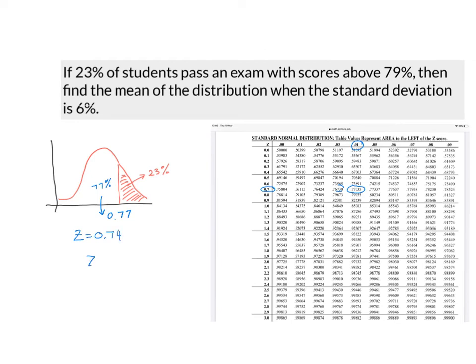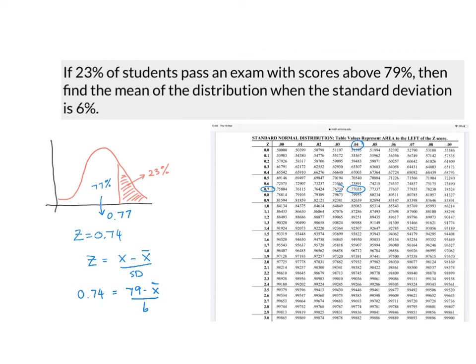We know our formula is z equals x minus the mean all over the standard deviation. And we're trying to find the mean of this. So we know that 0.74 equals, the x value is going to be 79, minus the mean, all over the standard deviation, 6.